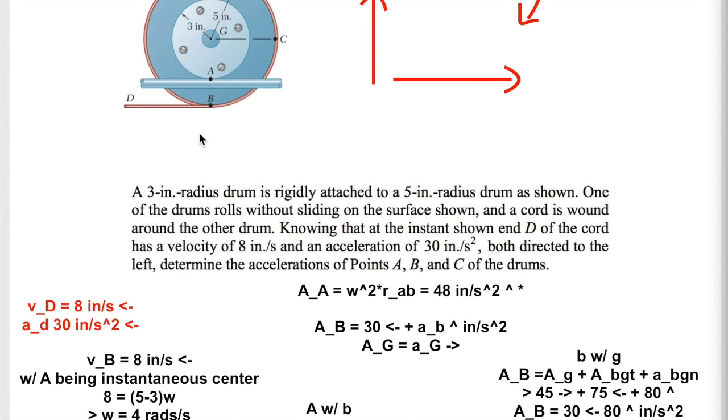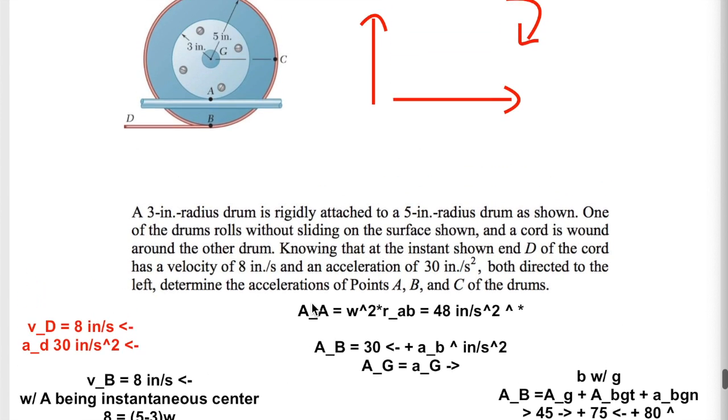Right here, we know that the velocity of B is also 8 inches per second, since this is a parallel line and they are in line with each other. If we imagine that at this instant A is an instantaneous center with B, then we can find this angular velocity is 4 radians per second.